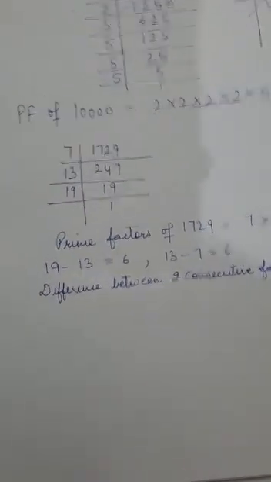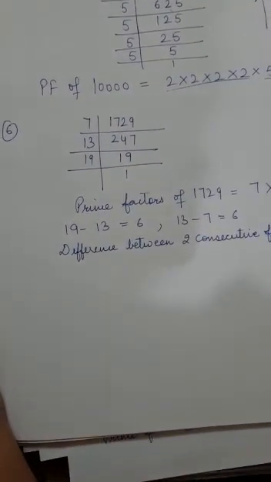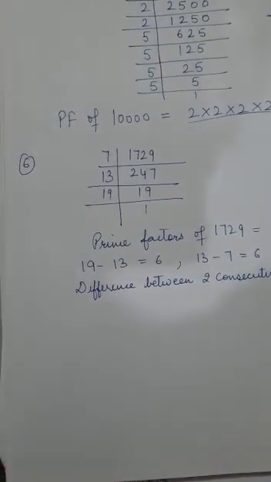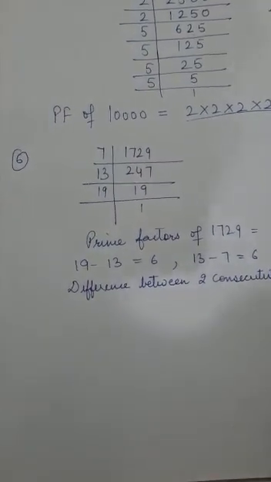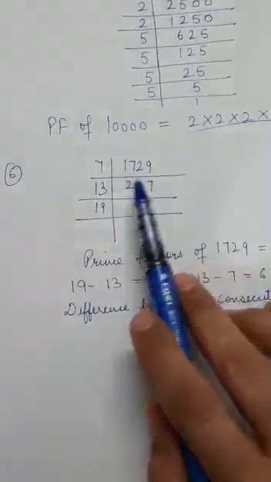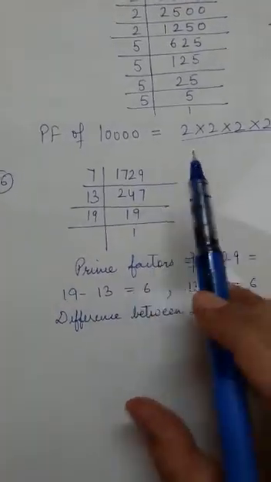Now question number 6 is, find all the prime factors of 1729 and arrange them in ascending order. Now state the relation, if any, between two consecutive prime factors. Look, now 1729.